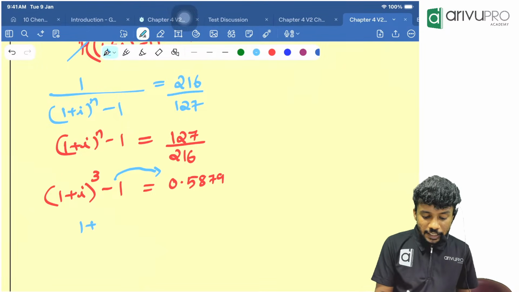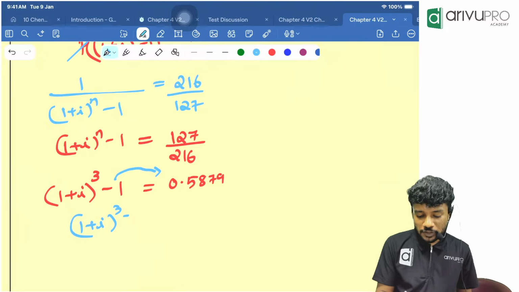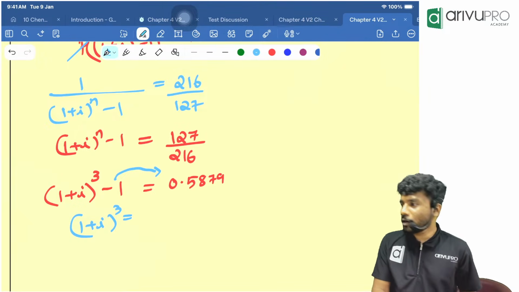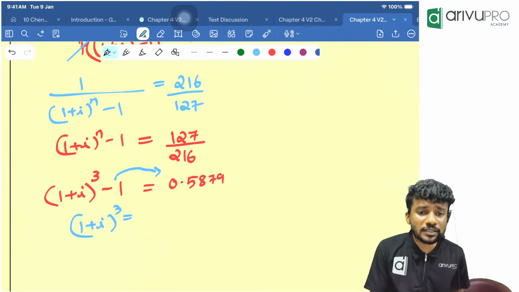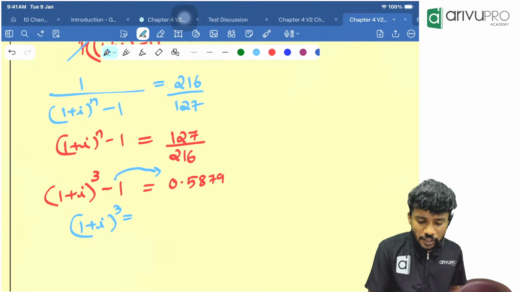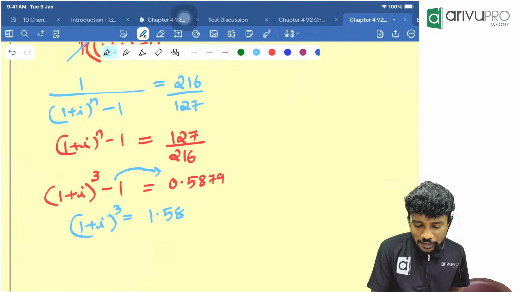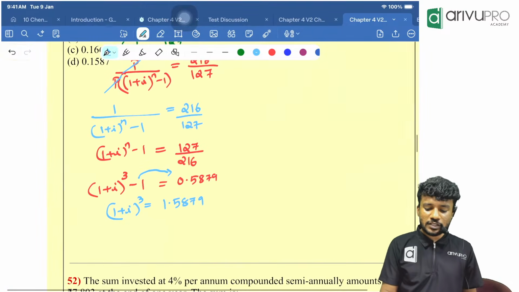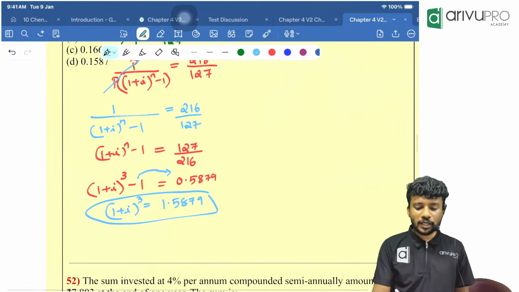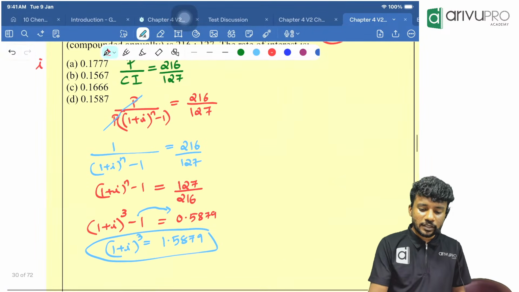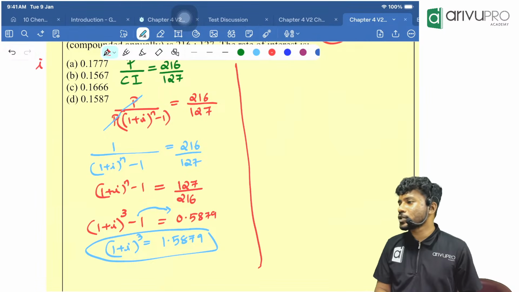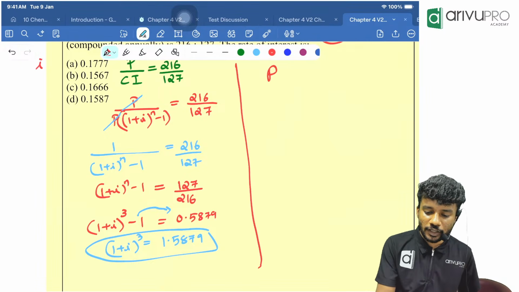So 1 plus I, the whole cube, is nothing but 1 plus 0.5879. 1 plus 0.5879 is 1.5879. So this is our final equation. From here we will option hit. What is the right hand side over here?